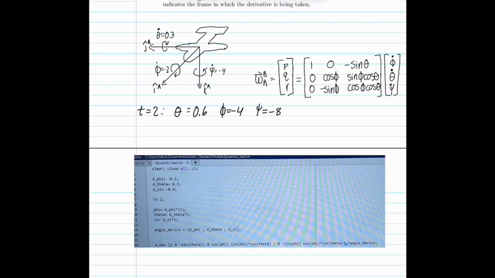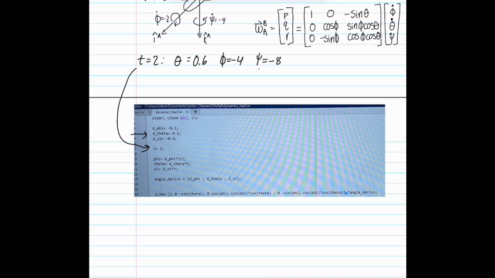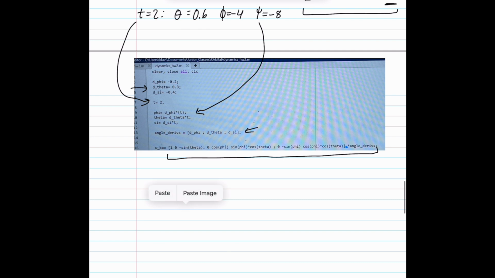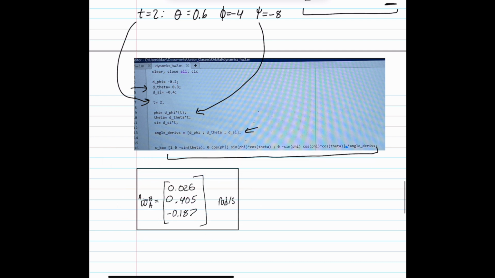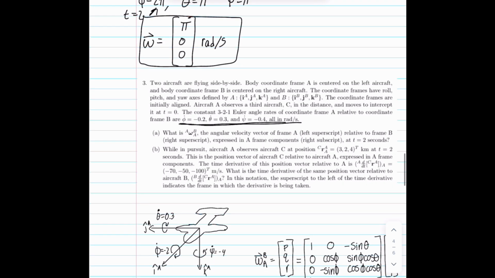And just plugging that into that equation, we know the Euler angles, and we know their rates, and we know time. So multiplying the Euler rates by this matrix right here, we get the angular velocity of the frame A relative to frame B expressed in the frame A coordinates. The notation on this one is a little bit funky, so you have to pay attention to it.